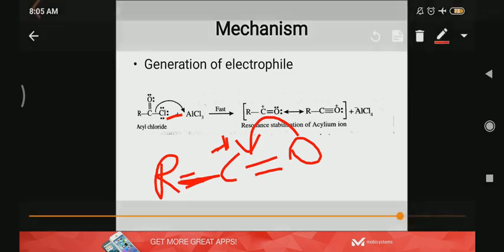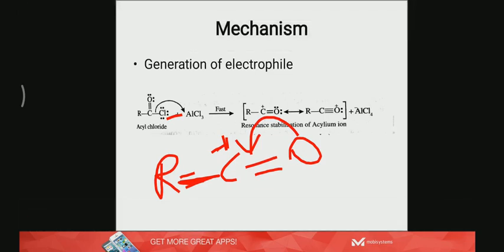Okay, so it will not undergo any rearrangement, unlike in the case of Friedel-Crafts alkylation, where the alkyl cation or carbocation may undergo rearrangement, forming a more stable carbocation. That doesn't happen here. So this is the advantage of Friedel-Crafts acylation. You get the intended product, no rearranged product.